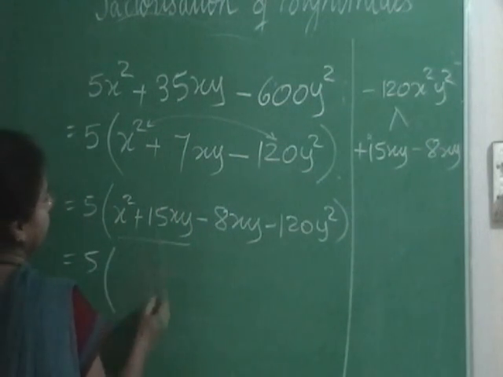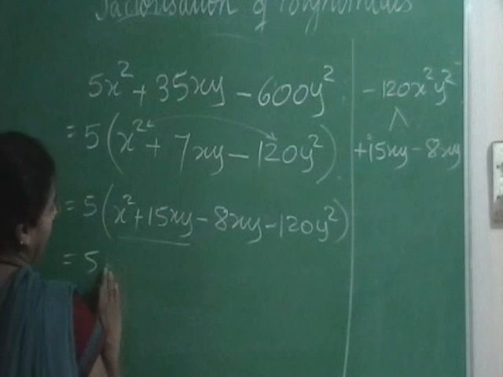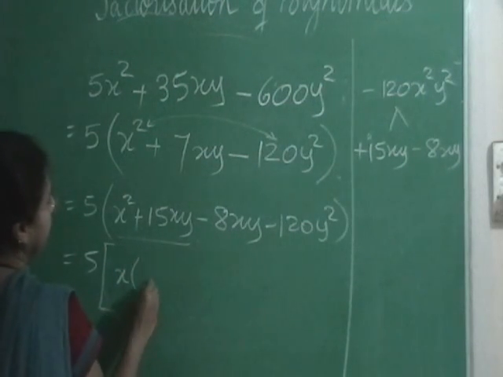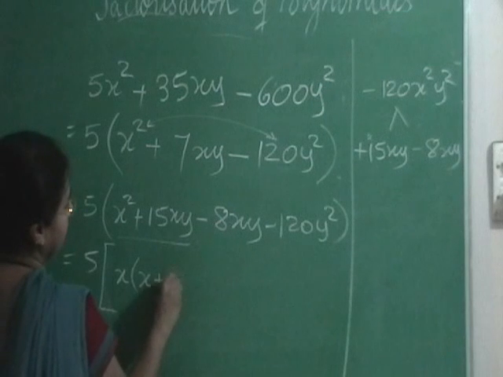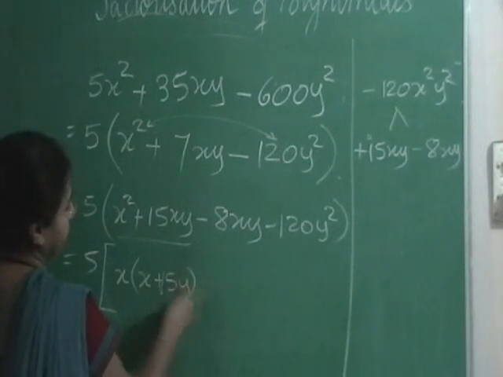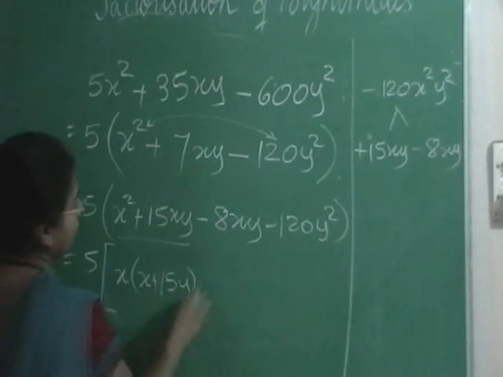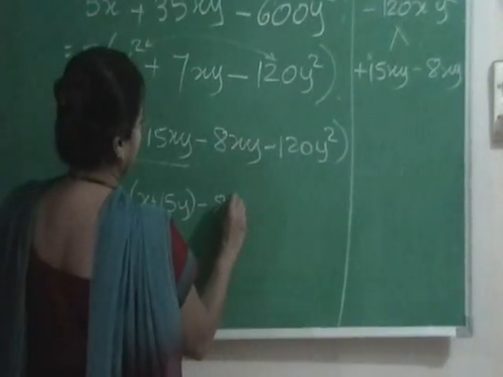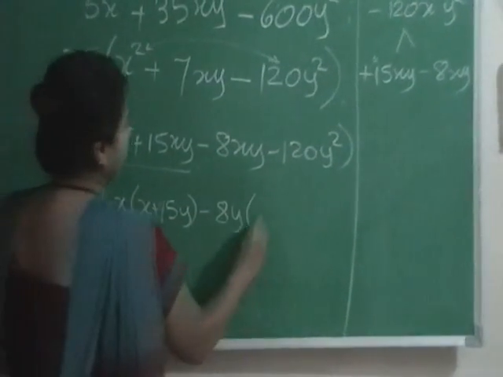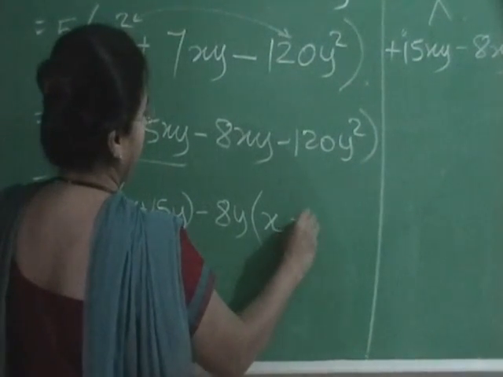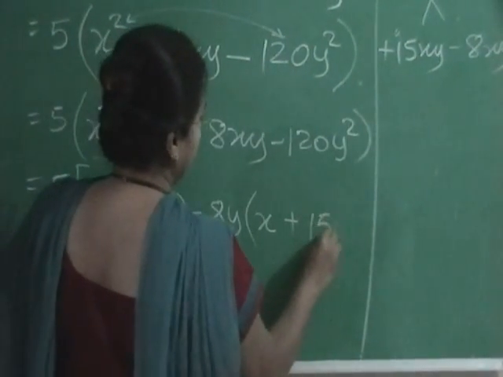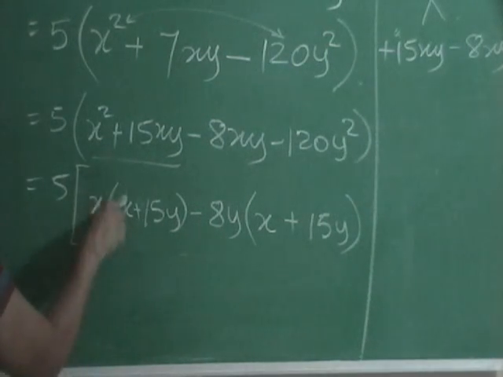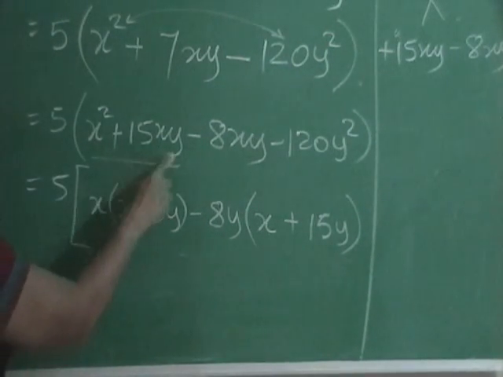What is common over here? I'll put a box bracket. Common is x, and inside will be x plus 15y. And common over here is minus 8y. And inside will be x plus 15y. Check it all the time. X into x, x square, x into 15y, 15xy.